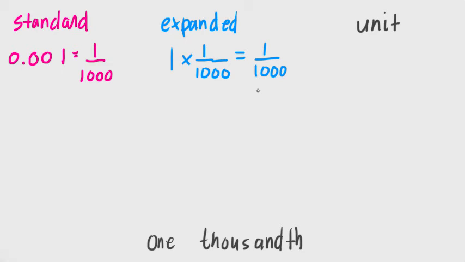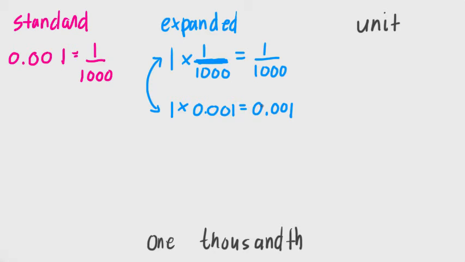And this is a connected line. The other way that we can write that is 1 times 0.001 is equal to 0.001. It's the same thing. Both of these expanded forms work perfectly because we're expanding the number out. We're breaking it down to its simplest form.